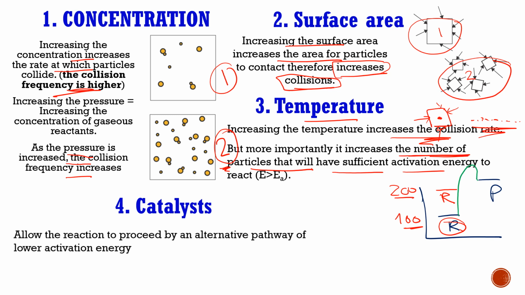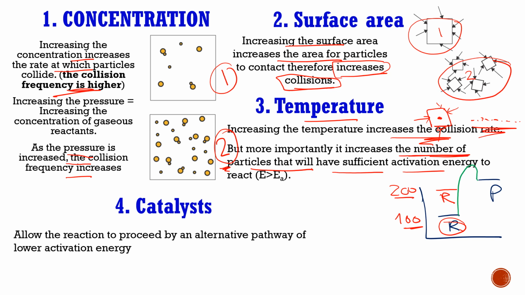The fourth factor is a catalyst. When we're speaking about the catalyst, let's say that we have a mountain. If you'd like to go to school, you have to climb a mountain. Just imagine that. If the government are good enough to dig a tunnel in this mountain, are they going to decrease the height of this mountain, or will they just provide an alternative pathway?